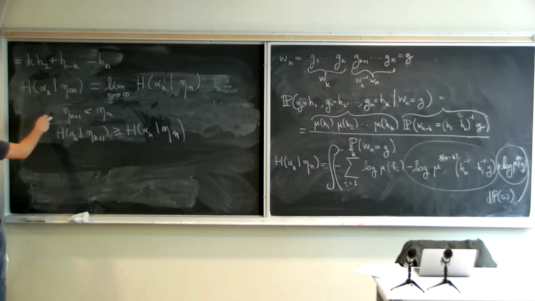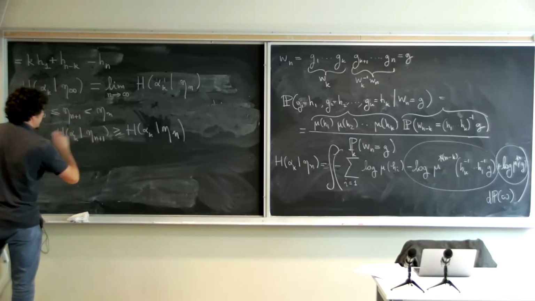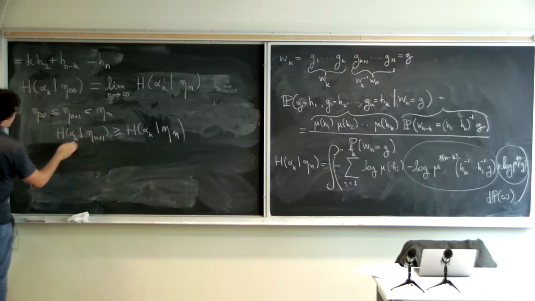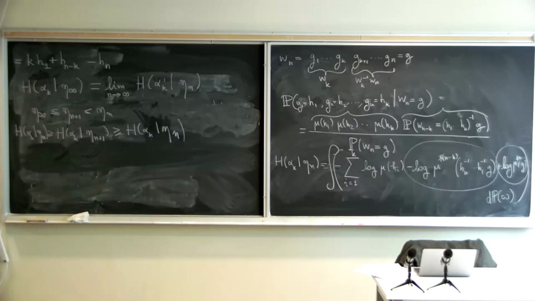Also we know that this is coarser than eta infinity. So definitely the supremum of all those is less or equal than H alpha k given eta infinity. Now the fact that the limit is really the same is somehow hidden in this theory of measurable partitions. So there is something to be proven there. But intuitively, if there was a gap here, then there would be an intermediate partition in this gap.